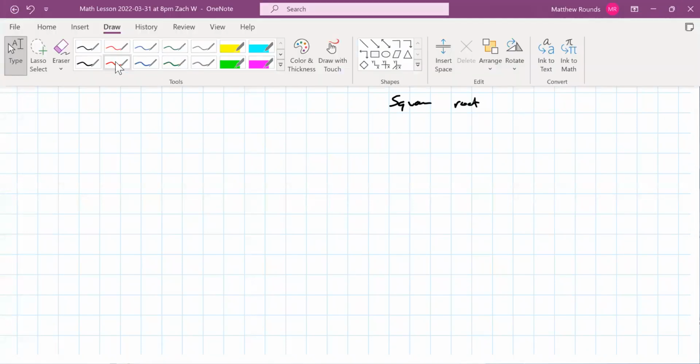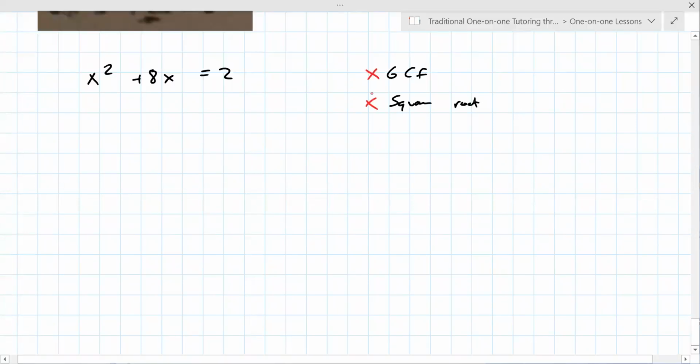So based on what I was telling you before, what does that lend itself to? Completing the square.